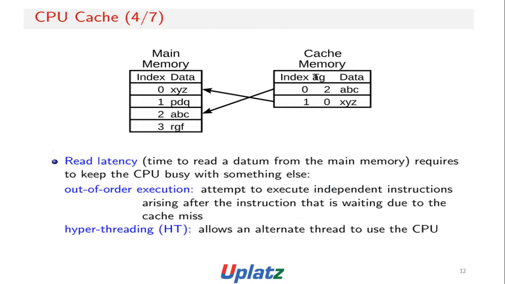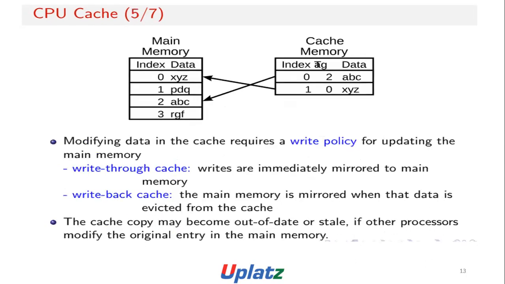Read latency: the time to read a datum from the main memory requires keeping the CPU busy with something else. Out-of-order execution attempts to execute independent instructions arising after the instruction that is waiting due to the cache miss. Hyperthreading allows an alternative thread to use the CPU.